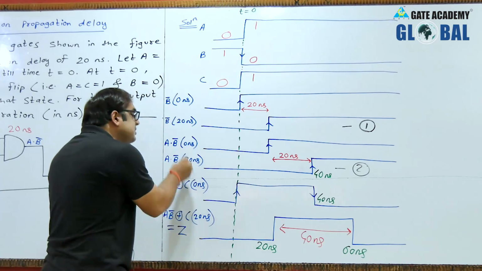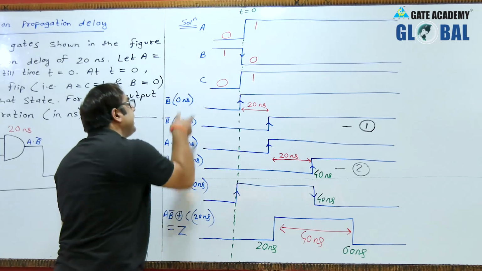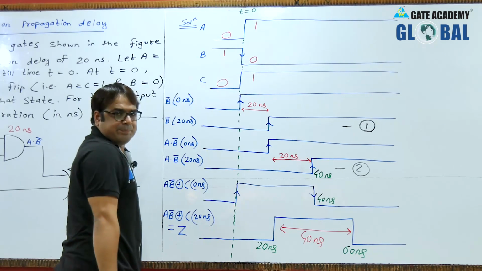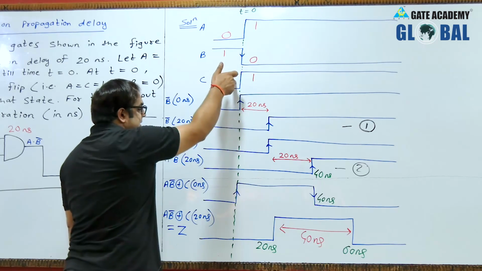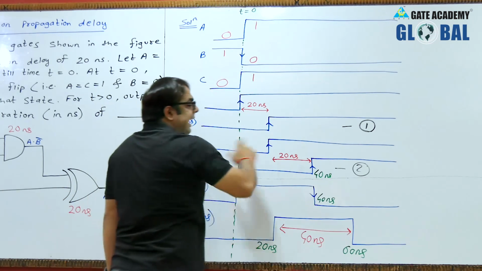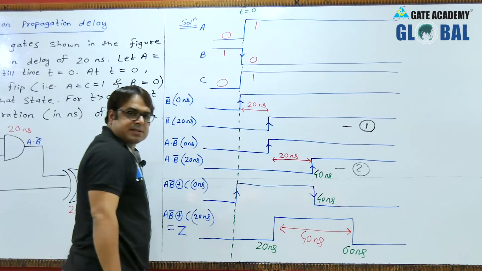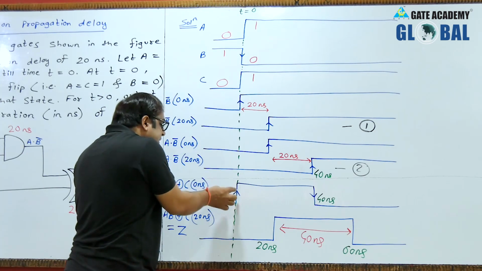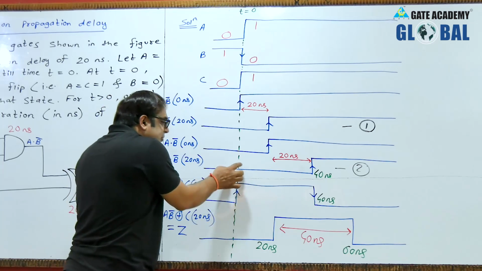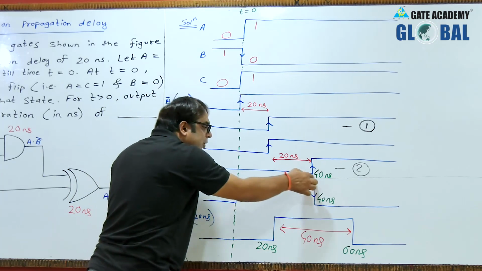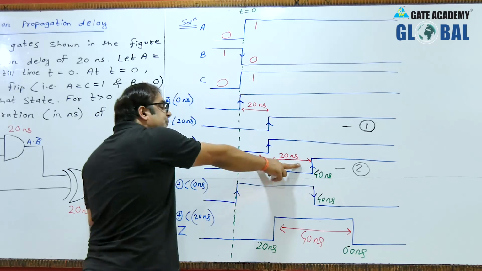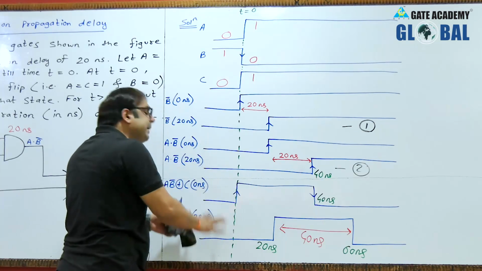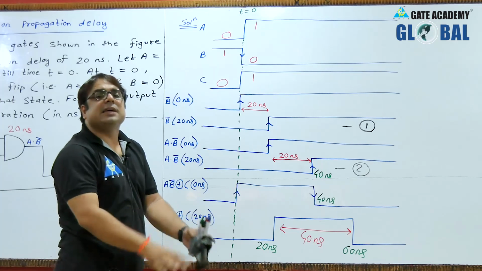It means you just need to check A dot B complement and waveform of C for how much duration they are unequal. See, it is 0, same. At the end it becomes 1, it is same. So for how much duration it is different? Only from this point to this point, let's say from t equal to 0 nanosecond to t equal to 40 nanosecond. So for this 40 nanosecond, A dot B complement and C are unequal.